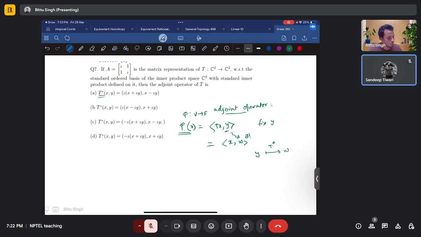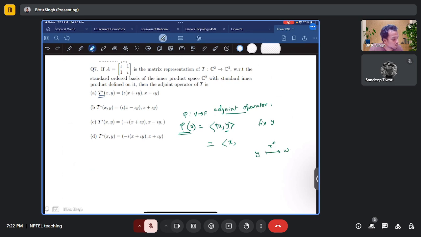So we'll use this notation: T star y for every y. This T star is called the adjoint operator of T.